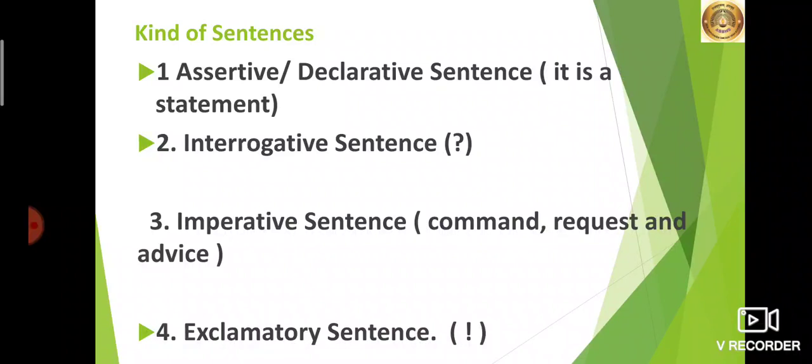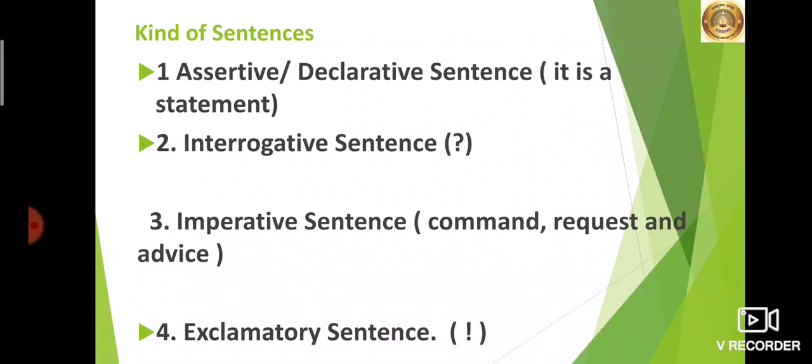An assertive declarative sentence is a statement. And always remember, a statement can be affirmative, that is, positive, or negative. It usually begins with a capital letter and ends with a full stop.